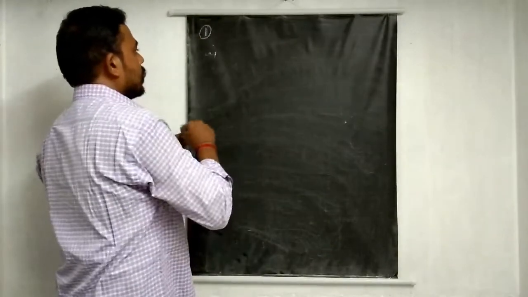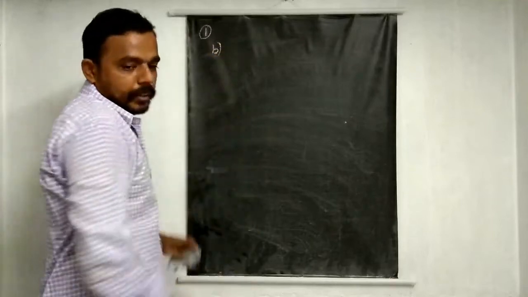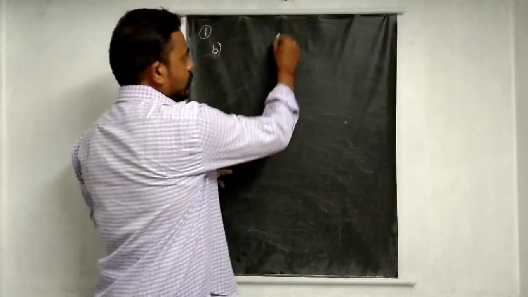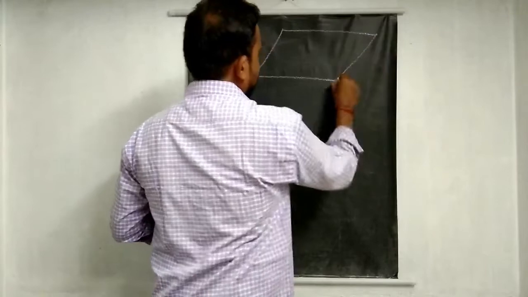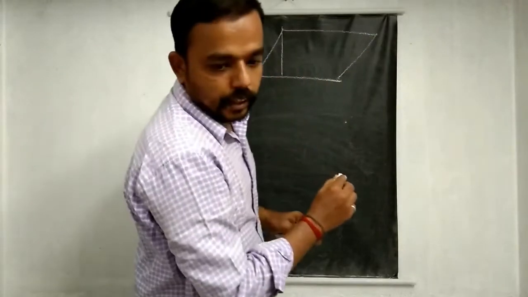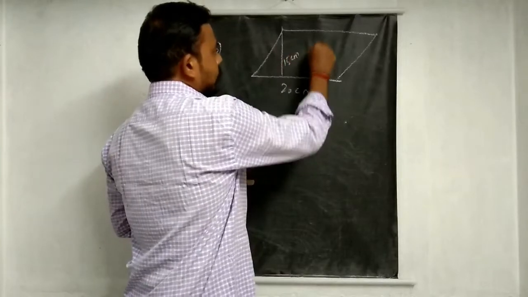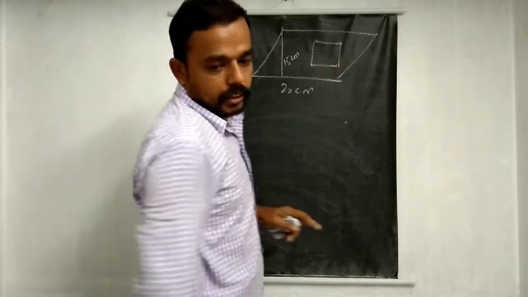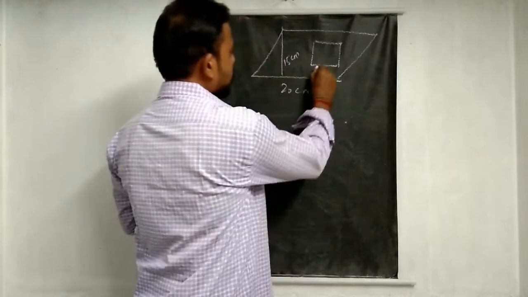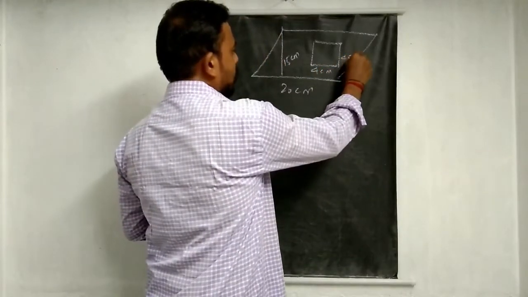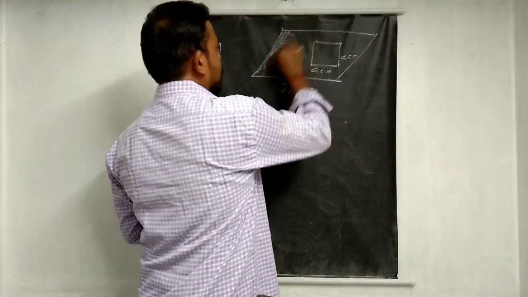Now the same one, B. Find the area of the pseudo-order region of the parallelogram given. Here 20 centimeter, here 15 centimeter, and here one more thing is given, that is 4 centimeter.